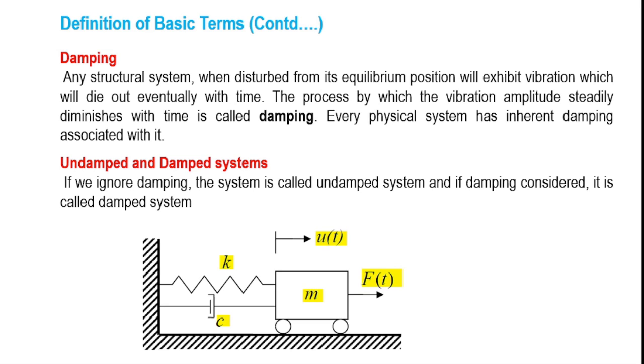And in such a case, we can straight away go with an undamped system. So, as the term suggests, an undamped system is realized when we ignore damping. On the other hand, if we incorporate the system damping in our calculations, we end up with the analysis of a damped system. Now, referring to this simple sketch, for an undamped system, we conclude that C must be equal to 0, and when C is greater than 0, we end up with a damped system.